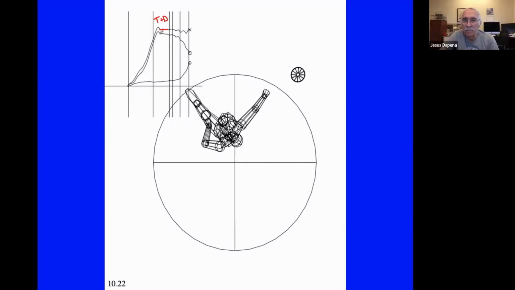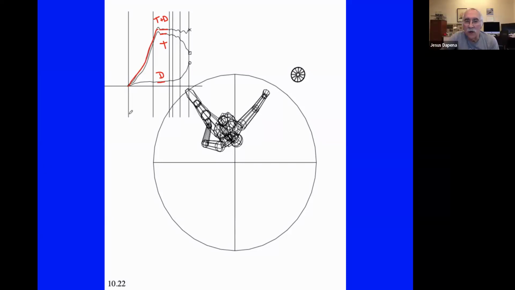The second graph is the angular momentum of the thrower alone. And this one down here is the angular momentum of the discus. So you see that the angular momentum of the whole system, thrower plus discus, increases a lot, starts at 0, and goes to a very high value.